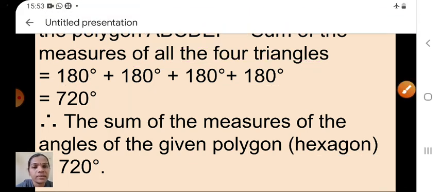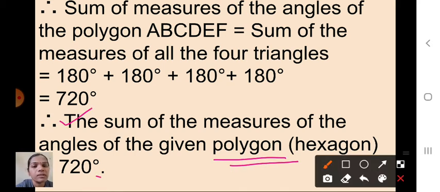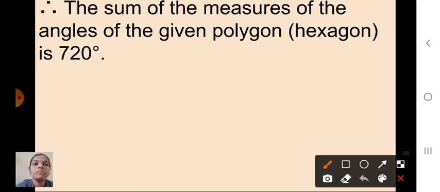That is the sum of the measures of the angles of the given polygon, the hexagon. So this is your final answer: the sum of the measures of the angles of the hexagon is 720 degree.